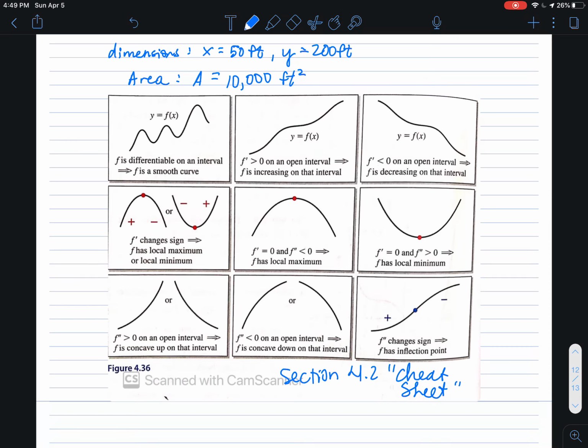If you guys want to write this down on your cheat sheet, it is kind of helpful to summarize what happened in section 4.2. It's just a nice reference guide. I like it if you're a visual person, and I thought I would provide that to you guys, so feel free to pause this and copy it down.